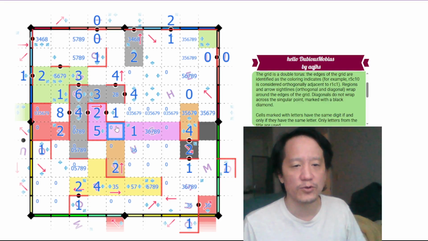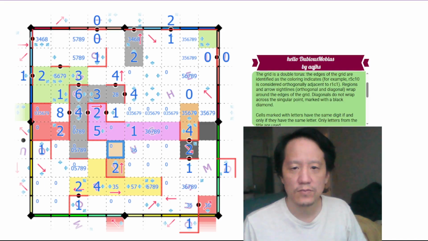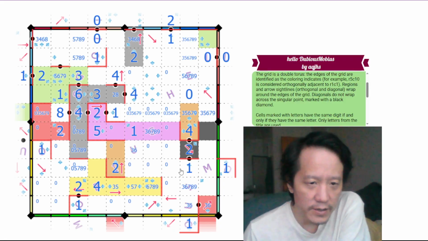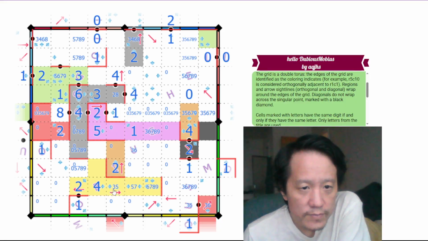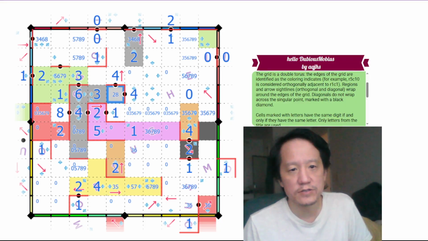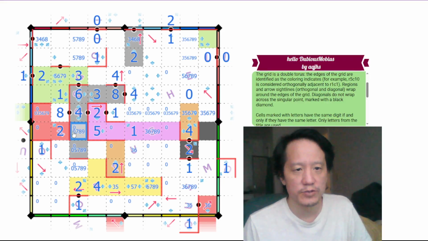So this is a separate region than this. Oh, that's interesting. Okay. Very complex right now. That means this 2 eliminates 2 here, so that's an 8, which eliminates 8 in the rest of that region.